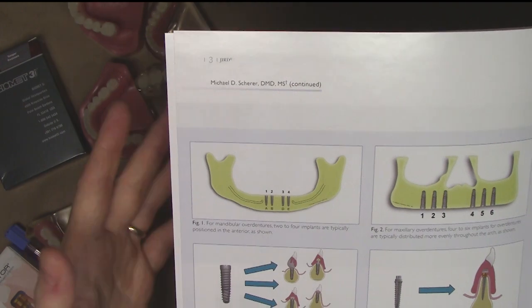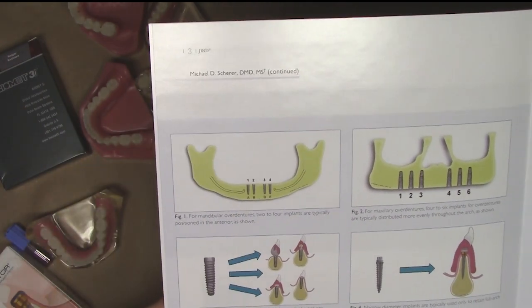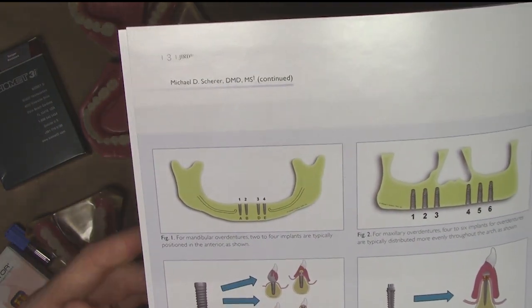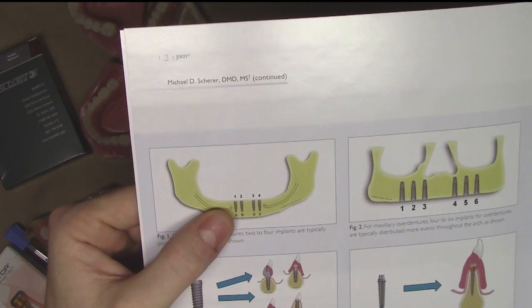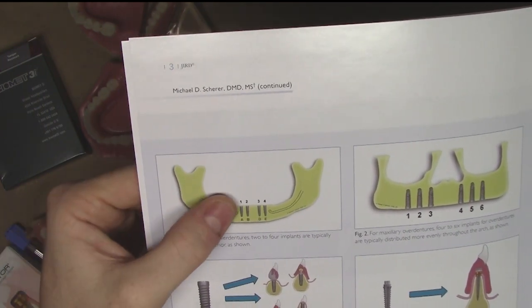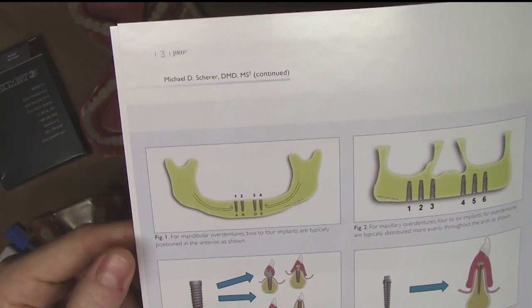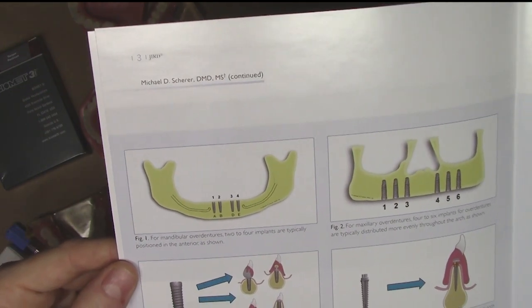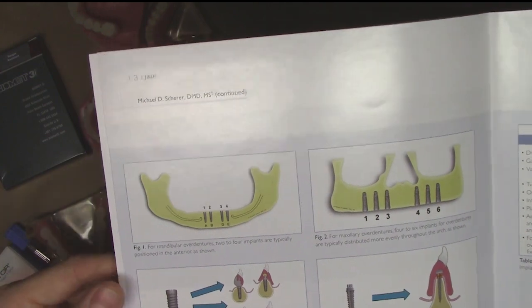And typically, we would be placing somewhere between 2 and 4 implants in the anterior mandible corresponding to these positions, typically referred to as the A, B, D, or E positions, and some people commonly refer to them as the 1, 2, 3, 4, or 5 positions, depending upon where your training is.